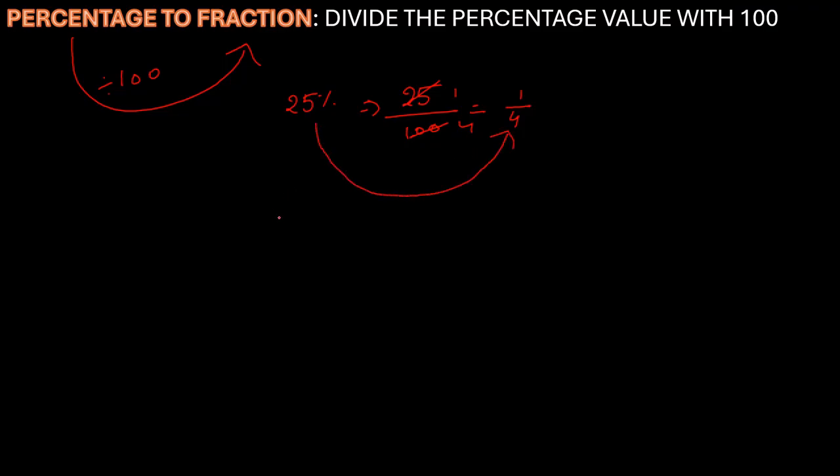In the same way, let us consider 20%. To convert this 20% into a fractional value, I'll remove the percentage symbol and divide the numerical value 20 by 100. After performing cancellations, I'll be left with 1 by 5. So 20% is equal to 1 by 5.